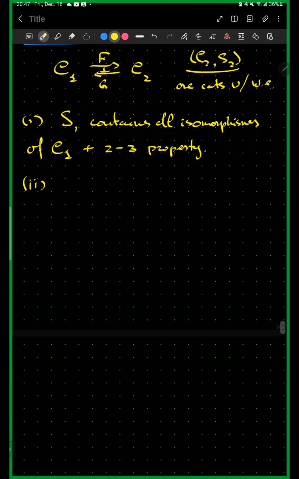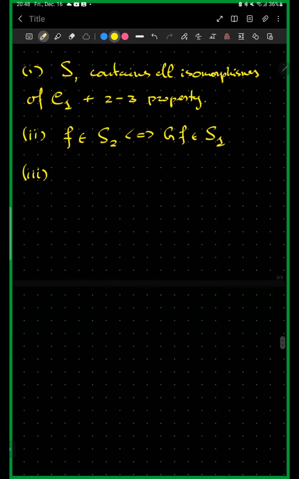Second is that F is in S2 if and only if GF is in S1. So sort of the condition that G reflects weak equivalences.